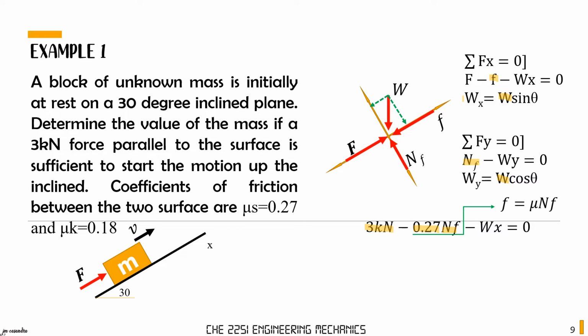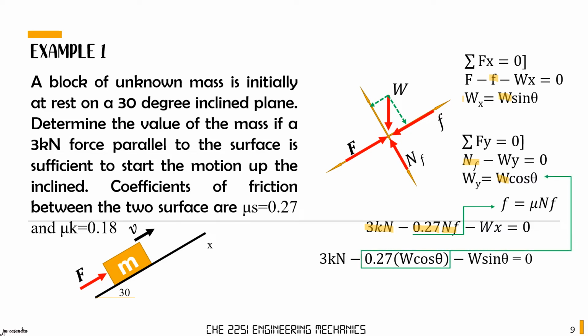W cosine theta for NF minus W sine theta for WX. So you already have one unknown only and one equation.